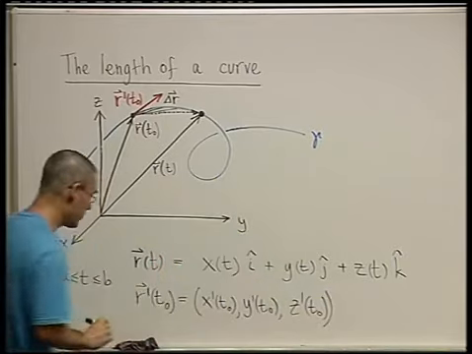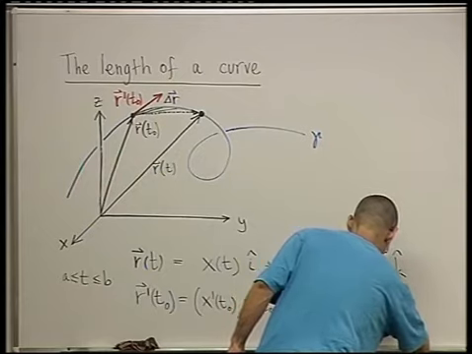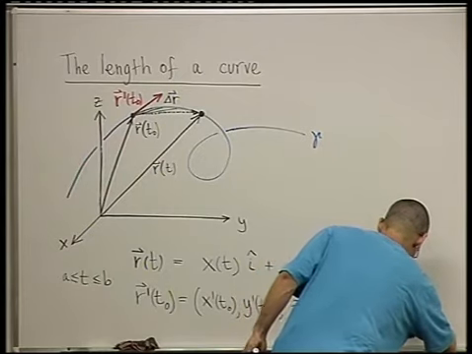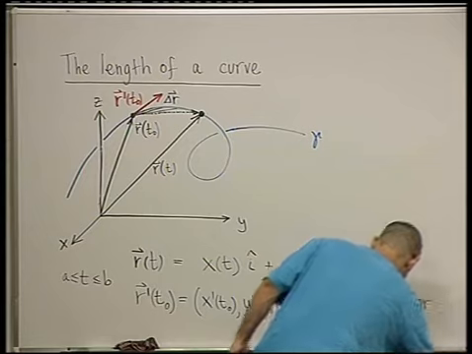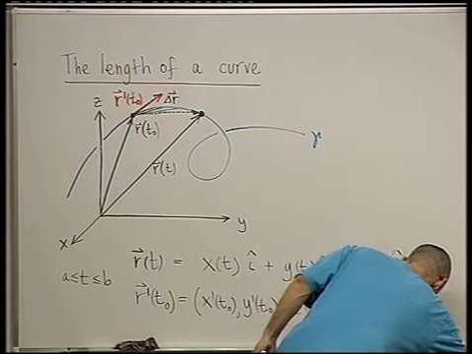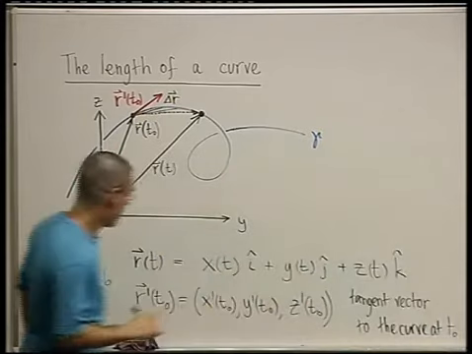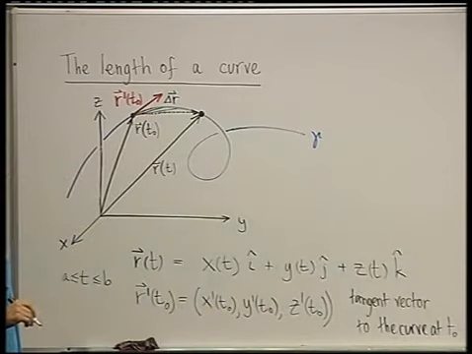So this vector is the tangent vector to the curve at t0. Good, everybody? Remember this stuff? Vaguely. It was a while ago.